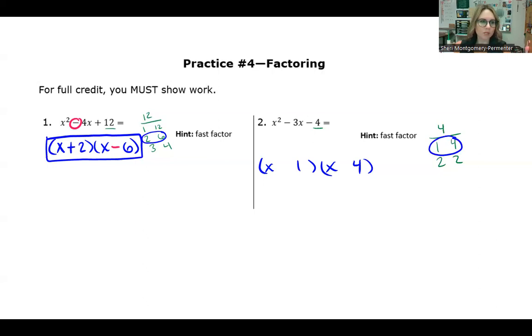The middle term is negative, so I make the bigger number negative. If I have -4, would I add or subtract 1 to make -3? Very good. I would add.